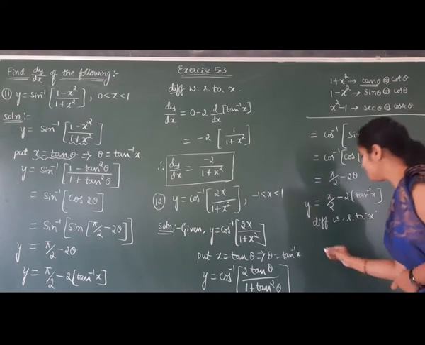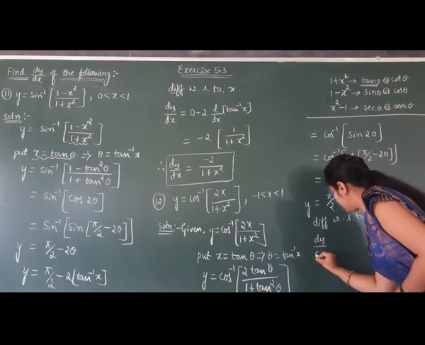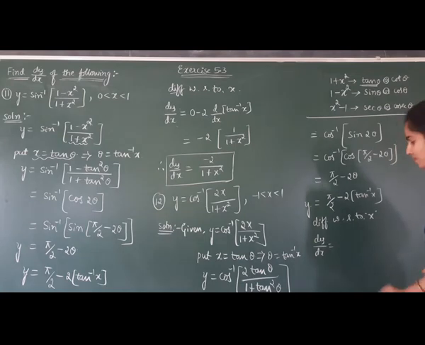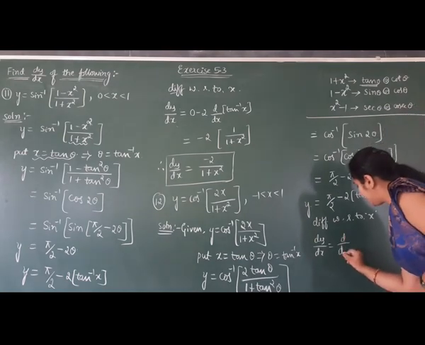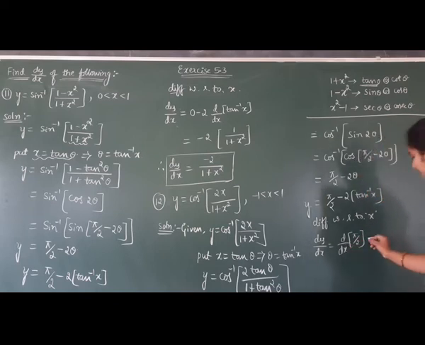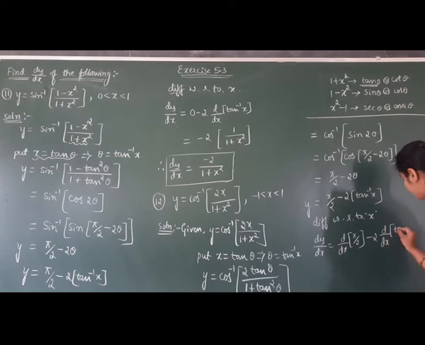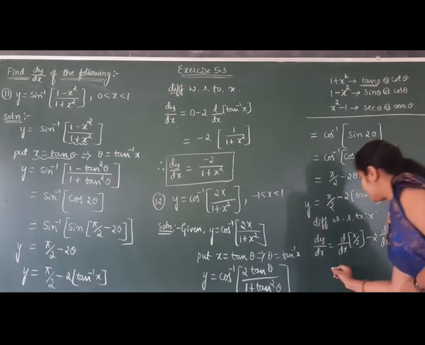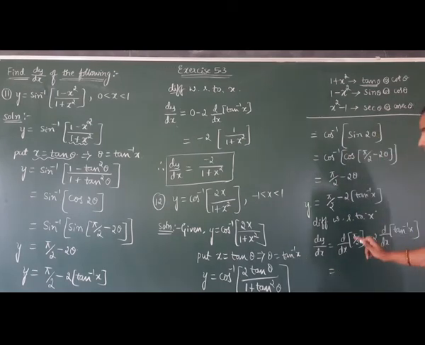Then we have dy by dx is equal to d by dx of pi by 2 minus 2 into d by dx of tan inverse x. Pi by 2 is a constant, right?